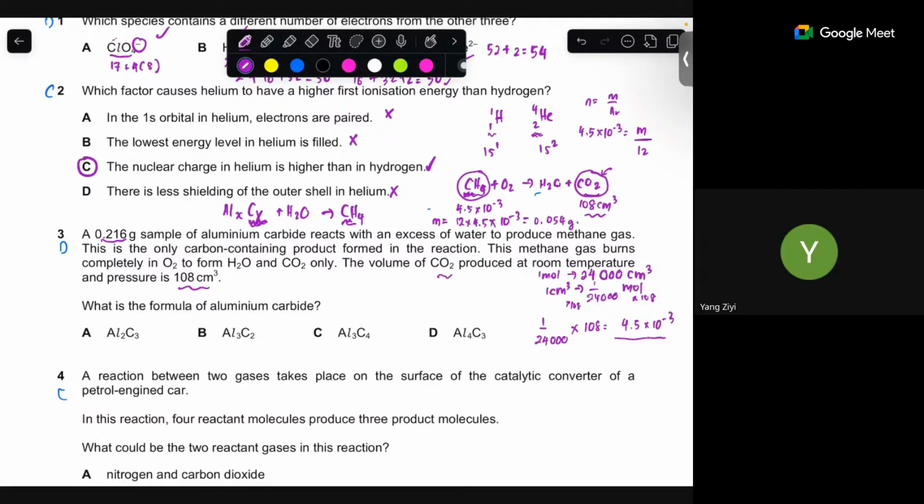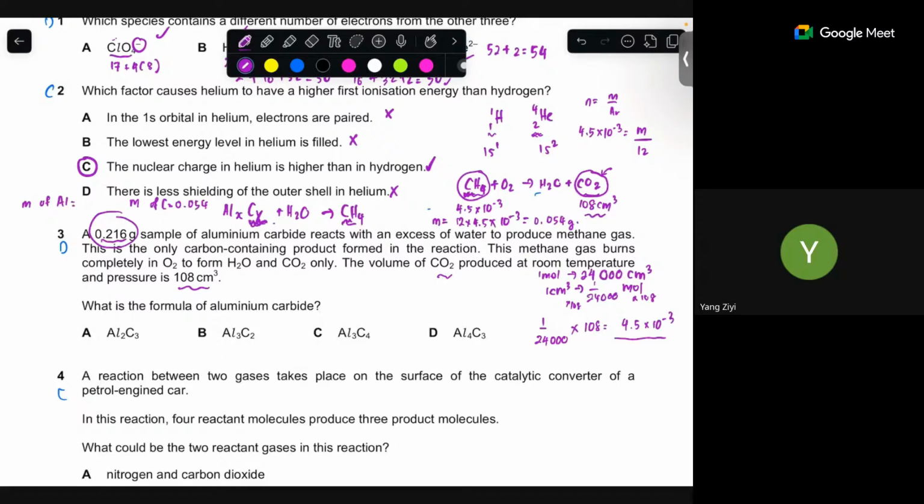Now, if you look at this mass, if you have the aluminium carbide, the entire sample is going to be 0.216. So if I want to find the mass of aluminium, the mass of carbon I already found out, which is 0.054.